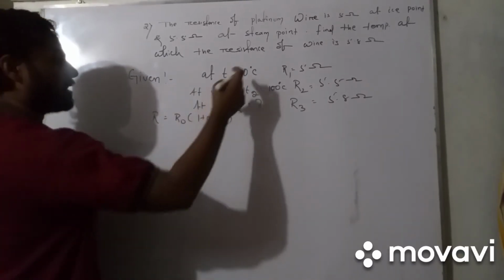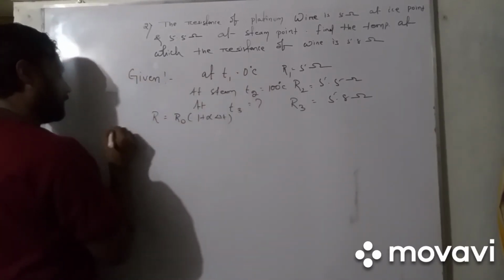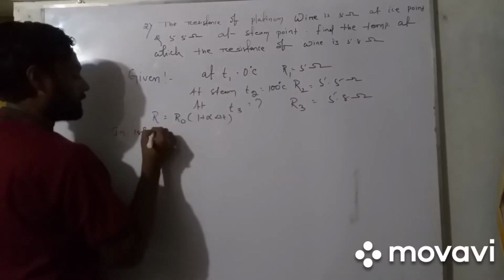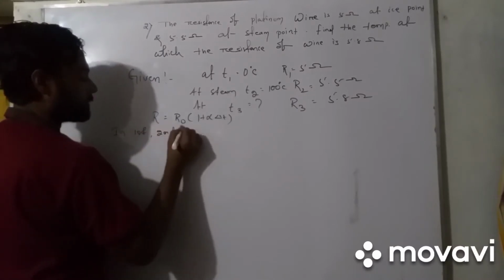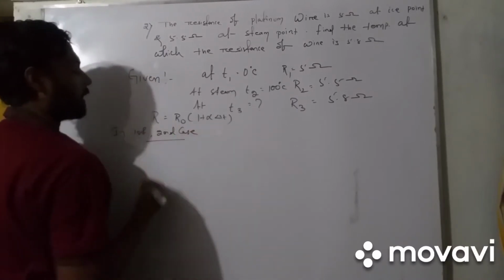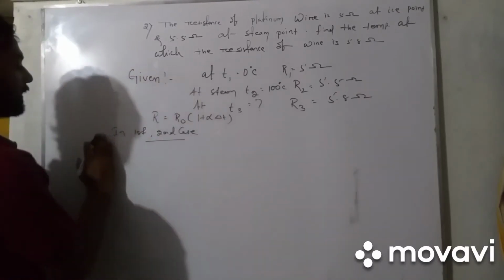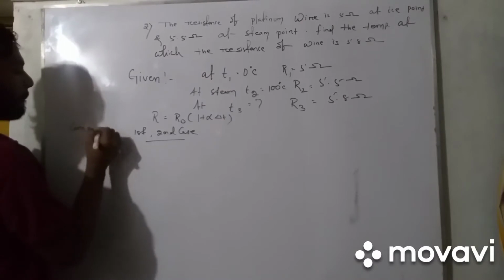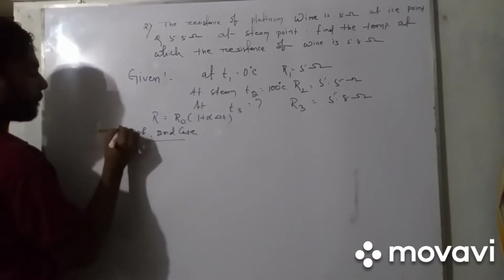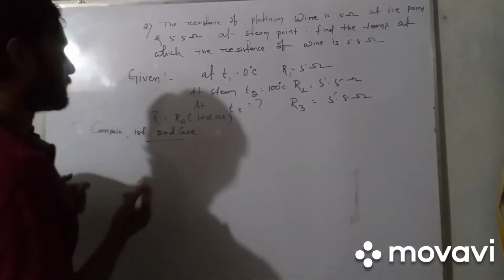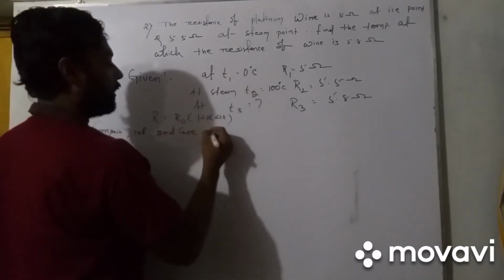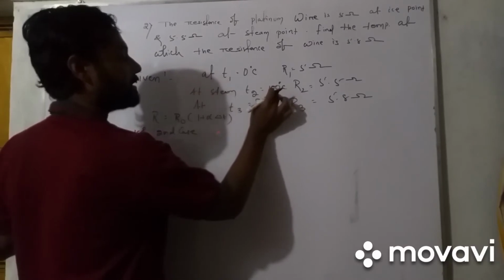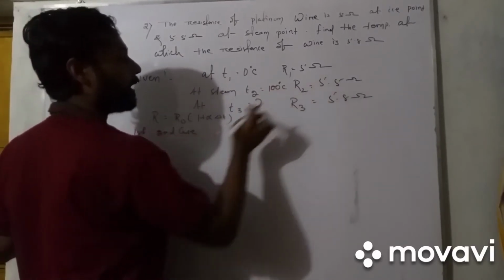Now compare the first and second case. Here at 100 degrees Celsius the resistance becomes 5.5 ohm.